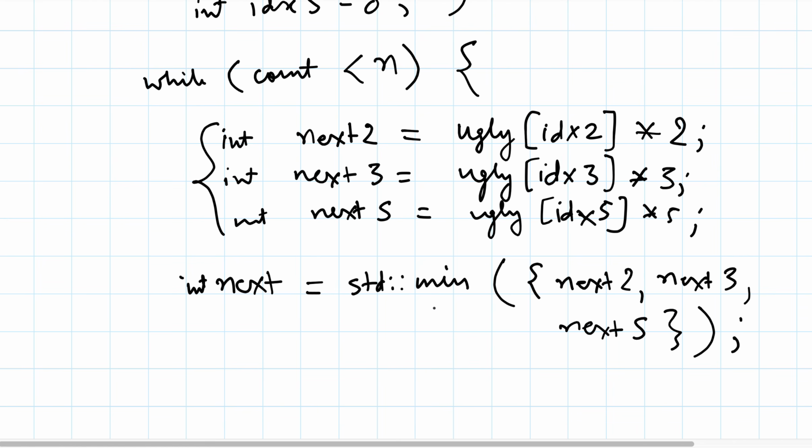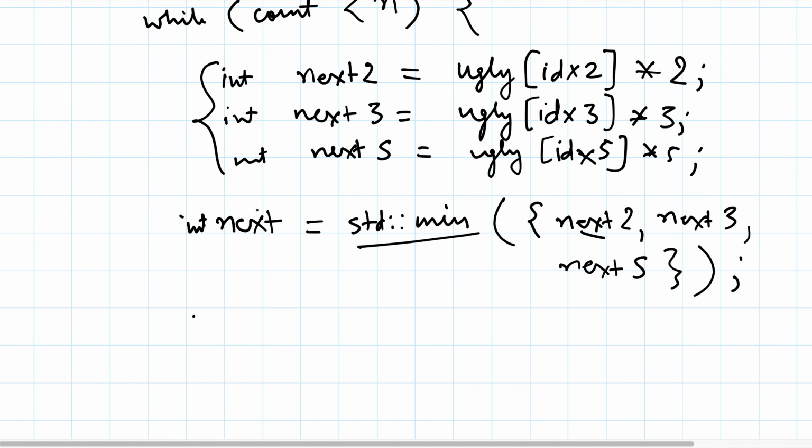So I am using the standard min function that is defined in the algorithm header file inside C++, and it takes an initializer list. So it will give one of these three as the minimum. So it will either give next 2, next 3, or next 5.